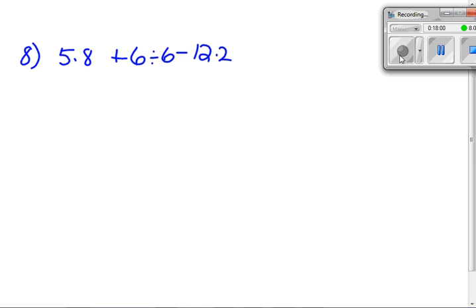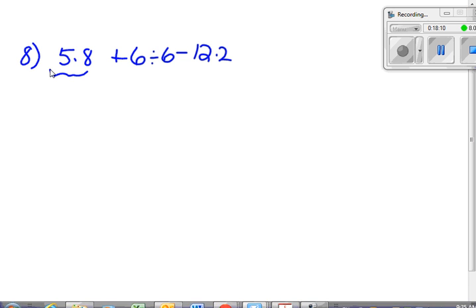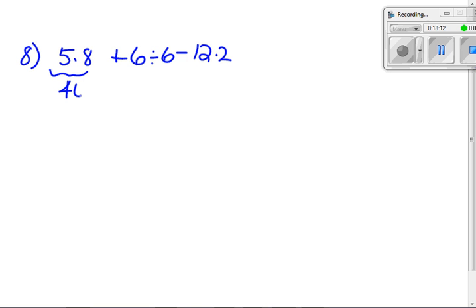We clear all of that out before we add and subtract. So you can't do the adding or subtracting until the very last bit, Emily. So you should do it with me. What's 5 times 8? 40. Plus, what's 6 divided by 6? 1. Minus 24, right? So what's 41 take away 24? It's 17.